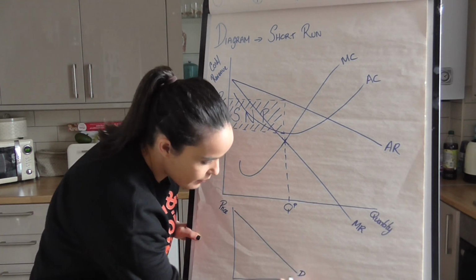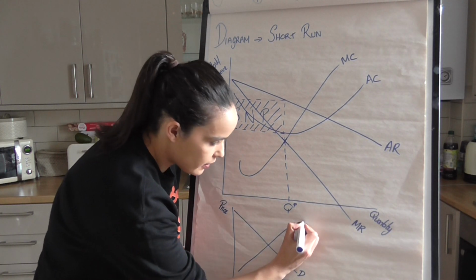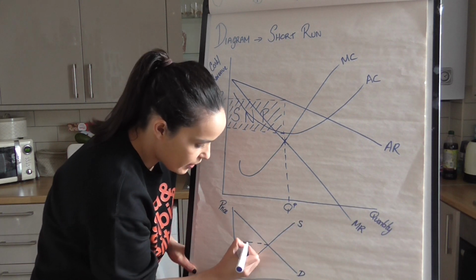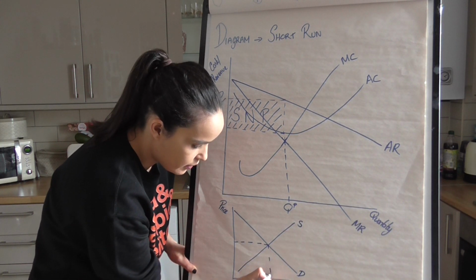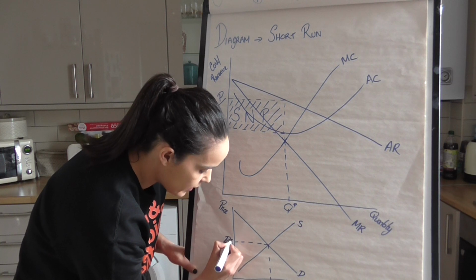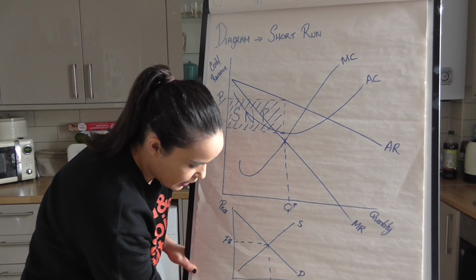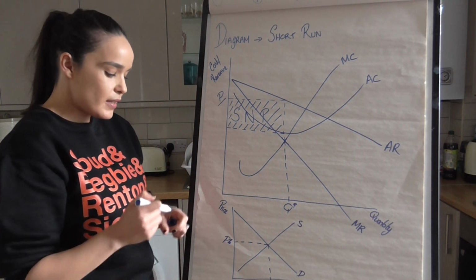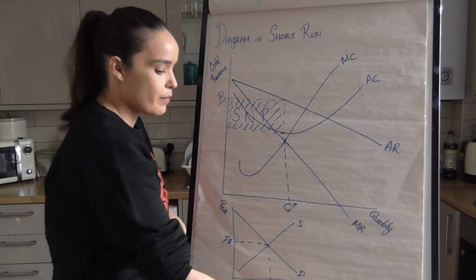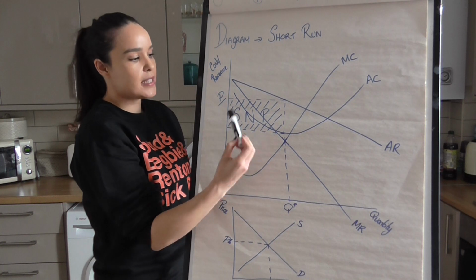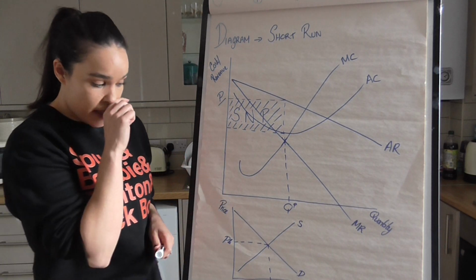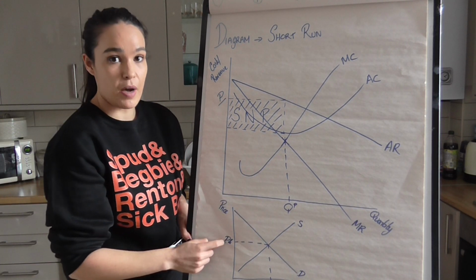This is our demand and obviously this is our supply, and we have a market equilibrium here. So this is our market equilibrium price, and this is our market equilibrium quantity. Now firms are able to come in, and because they have price setting power, they're able to set their price above the market price.